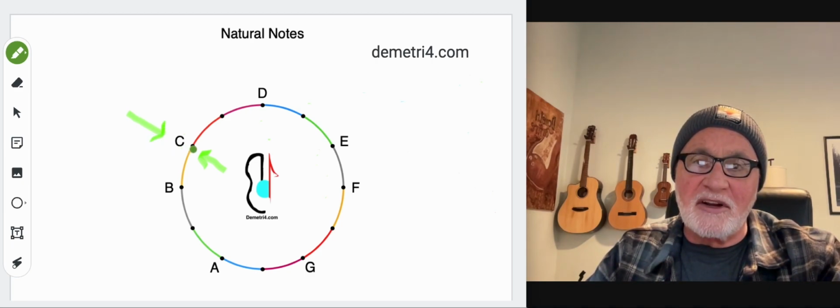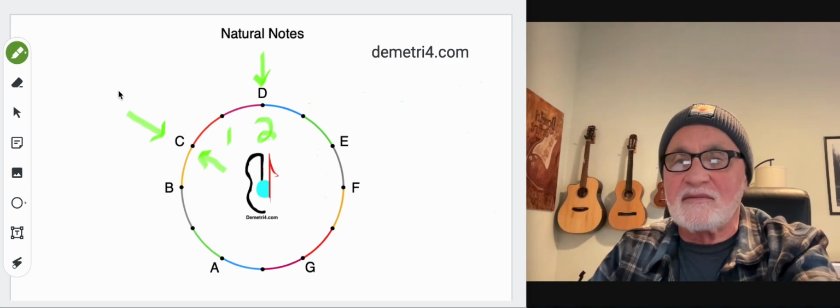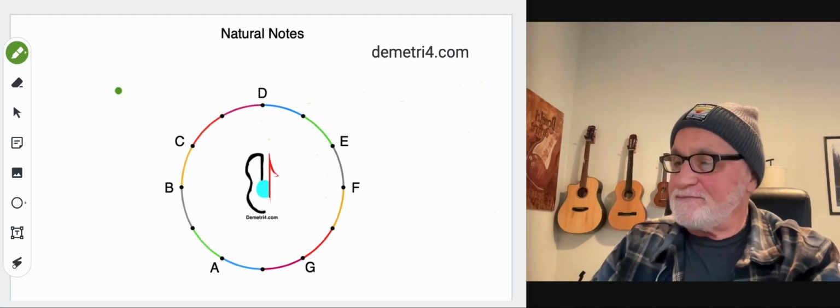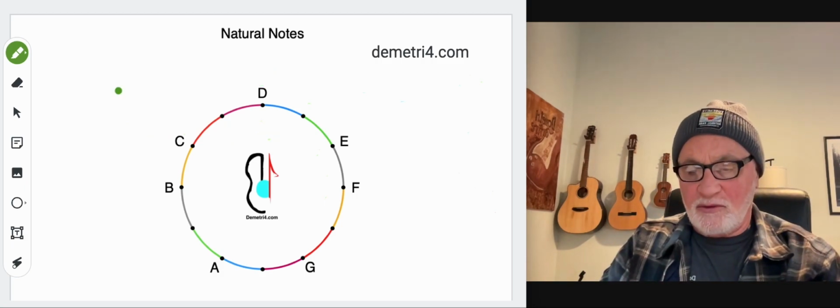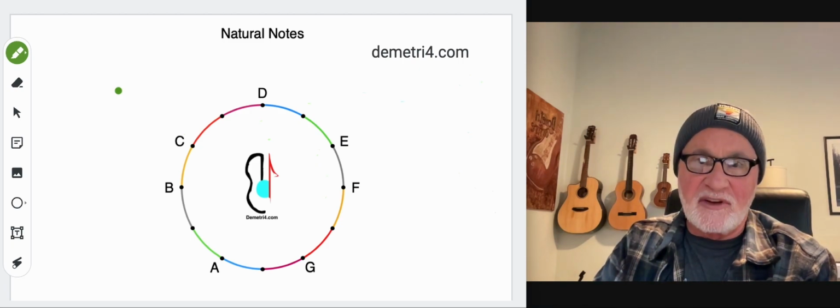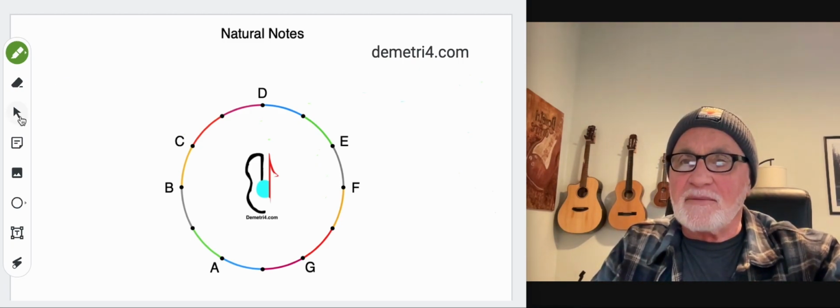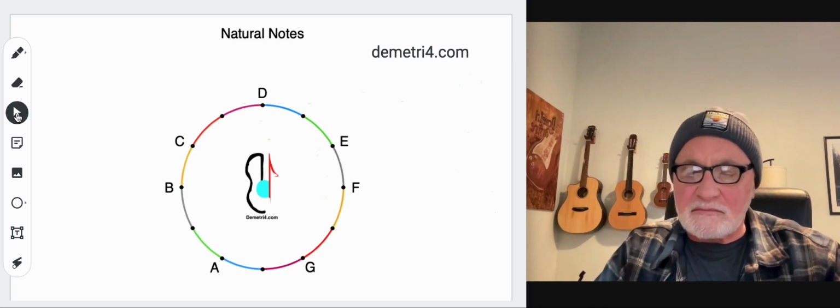But if I started on C and wanted to go to D, I would count 0, 1, 2. So I would say the distance between C and D is 2 dots. All right, so the same note is the same dot. So the distance between C and the same C is 0.